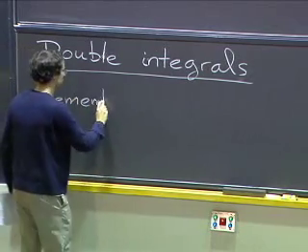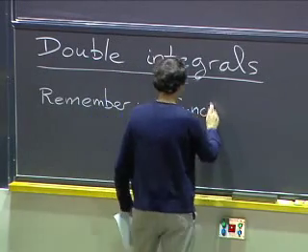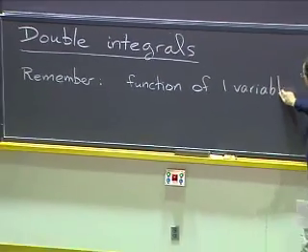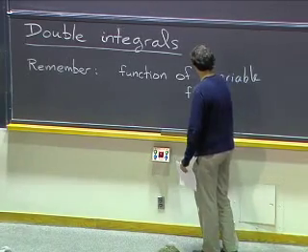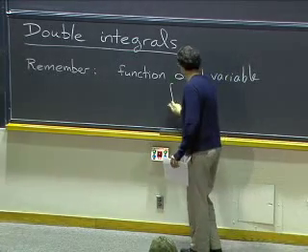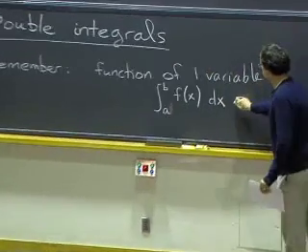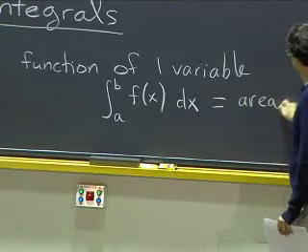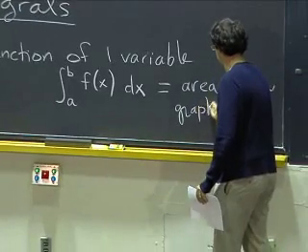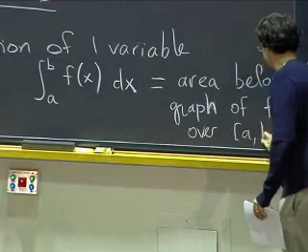Just to motivate the notion, let me remind you that when you have a function of one variable, say f of x, and if you take its integral from, say, a to b of f of x dx, that corresponds to the area below the graph of f over the interval from a to b.